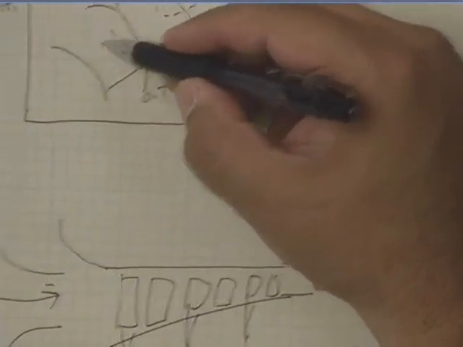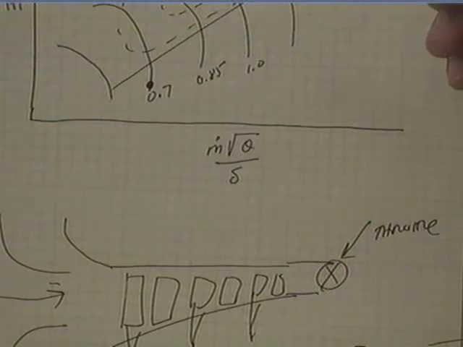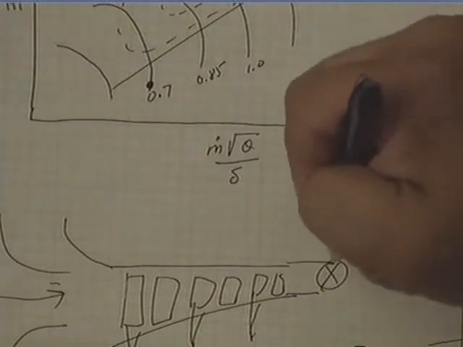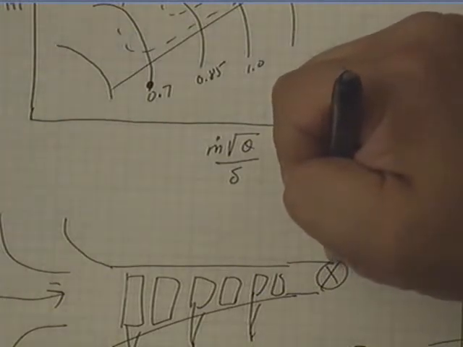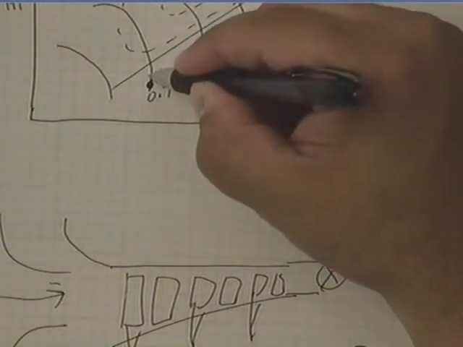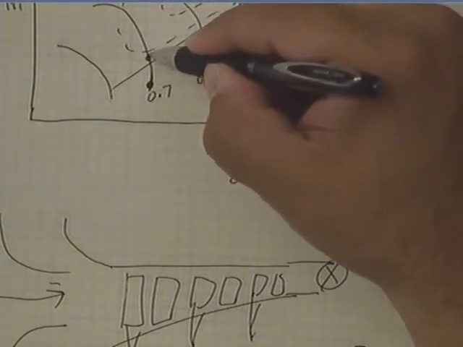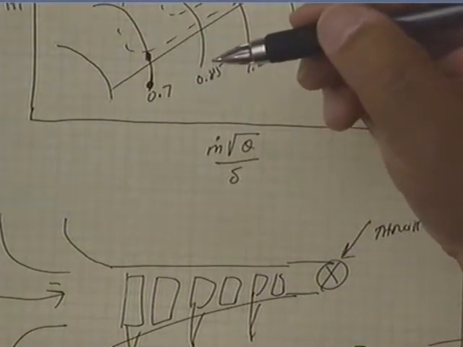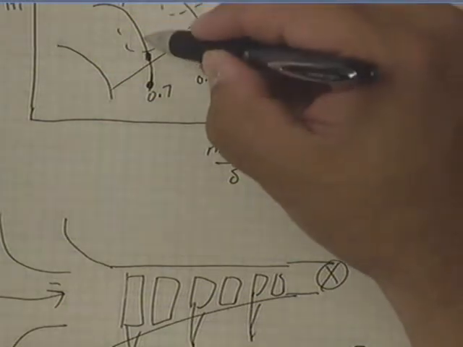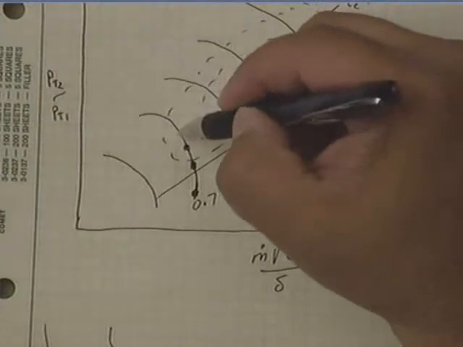So you might start somewhere here, and you would get a point. And you would slowly close the throttle, and keep the RPM the same. And so you would move upwards on this curve. You'd increase the pressure ratio as you close the throttle down. You'd increase it again.